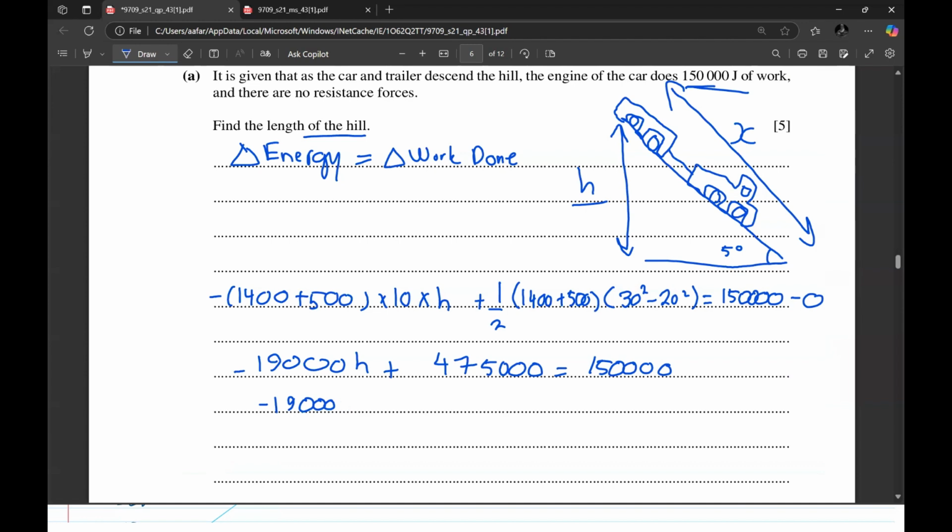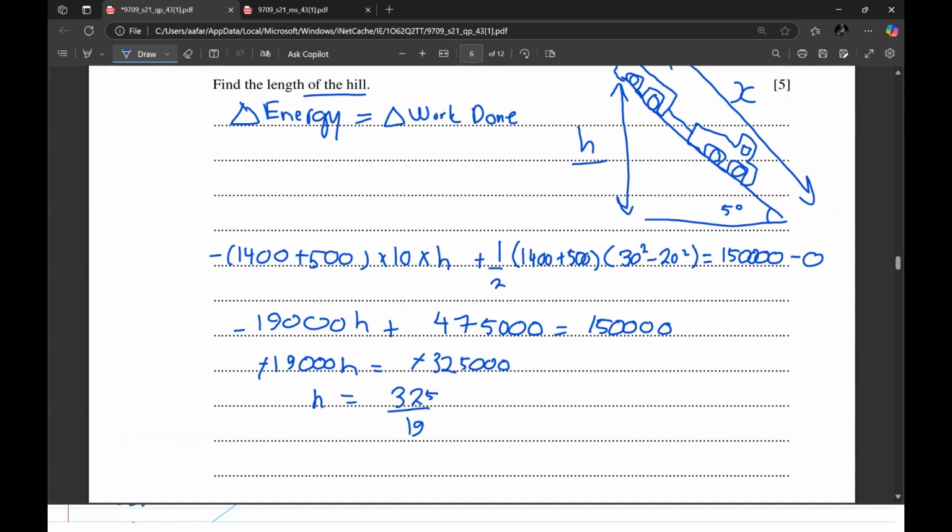So h will be equal to 50,000 minus 475,000, which is negative 325,000. Negative cancels out. So h we get 325,000 over 19,000.